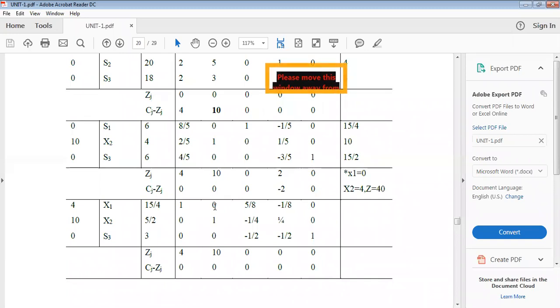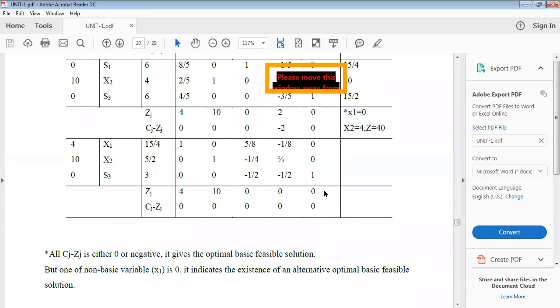So 1 0 0 0 1 0, and these are the values, and that is all these things. That is nothing but the top values. 4 into 1, you are getting 4 here. 10 into 1, you are getting 10 here. So 4 into 5 by 8, 10 into minus 1 by 4, 0 into this thing, finally you are getting zeros. And again 4 into minus 1 by 8, 10 into 1 by 4, and 0 into this thing, you are getting all these 0 values.